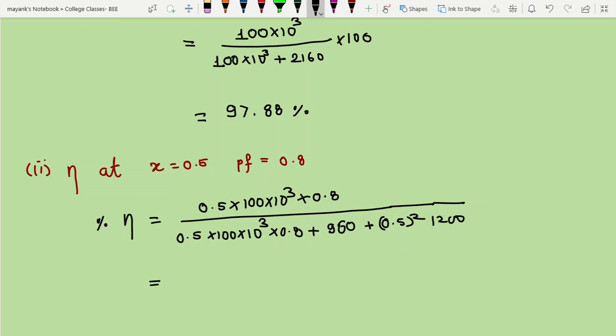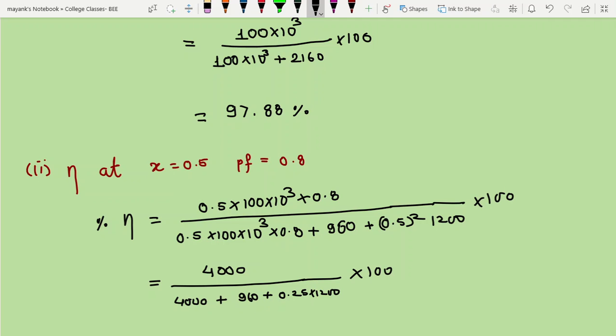So इसको जब हम solve करते हैं, so what we will get: 0.5 into 0.8 into 100 kVA, it will become 40, 40,000 watt, divided by this will be again 4000 plus 960 plus 0.25 into 1200. अब इसको आप सॉल्व कर सकते हैं, 100 से मल्टीप्लाई कर देना है, परसेंटेज में हमें डेटा मिल जाएगा.